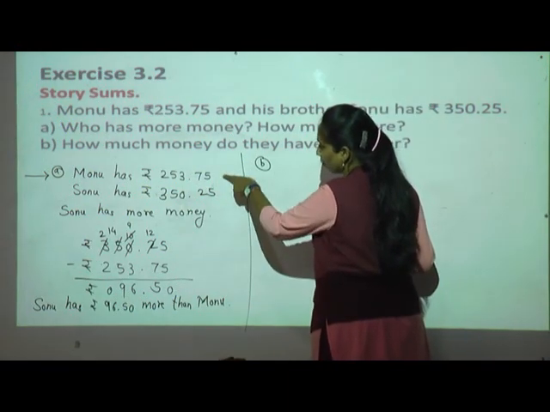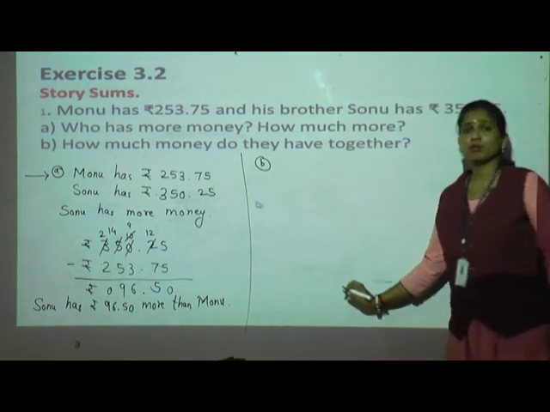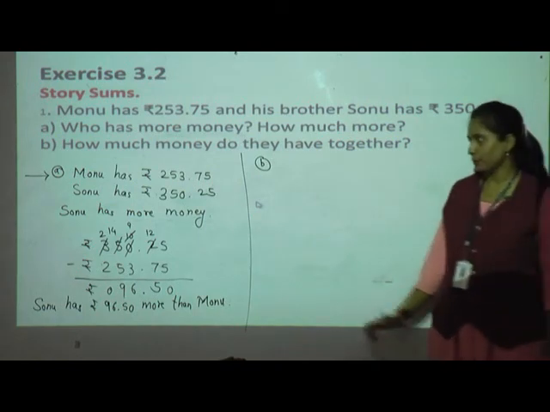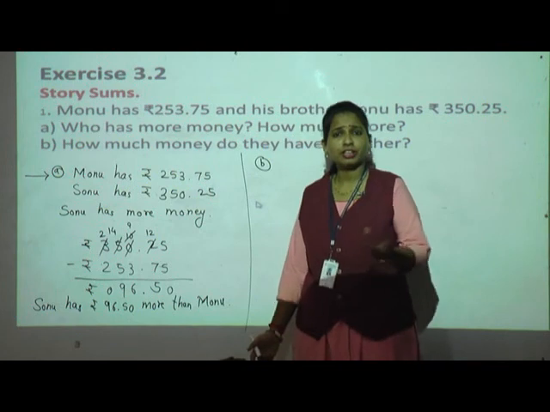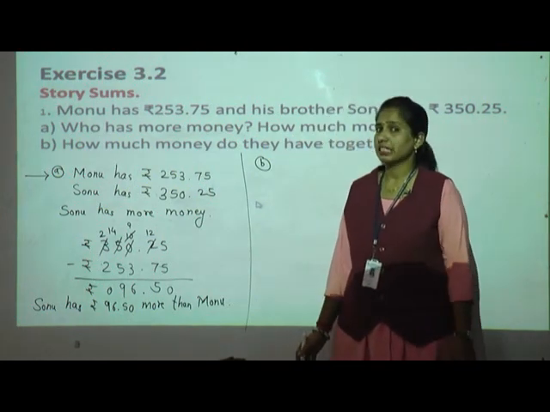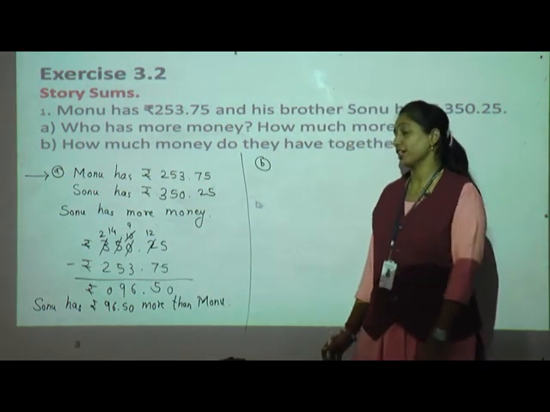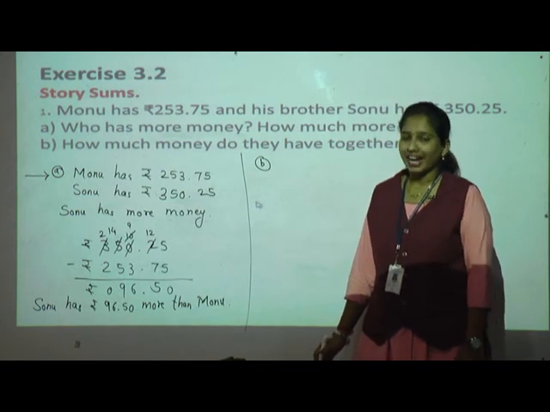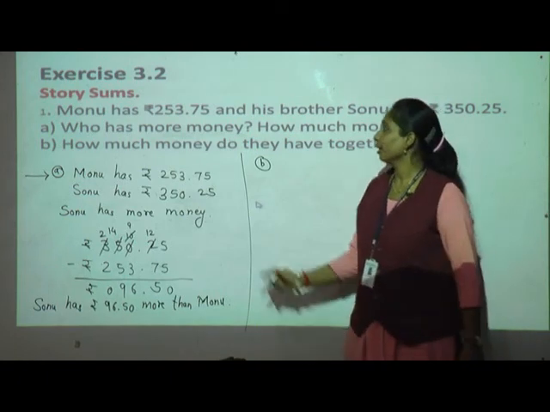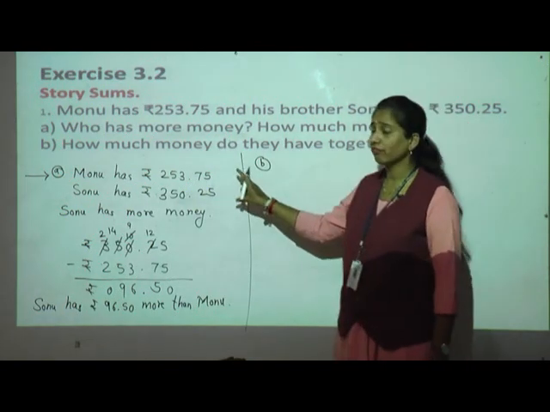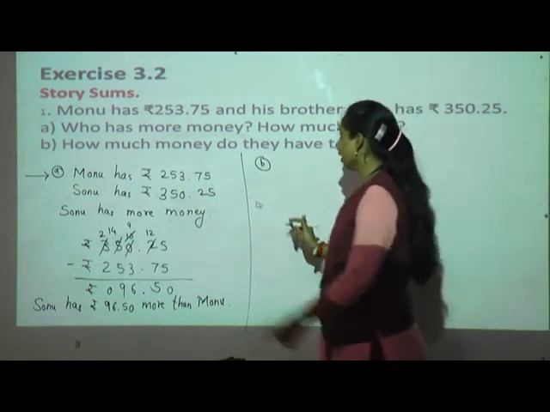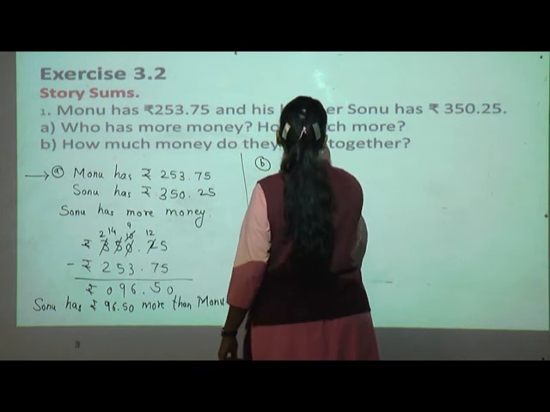So what will you do? Suppose Monu has 10, Sonu has 15. So together how much money do they have? Yes, you are all saying, teacher, 25. So what did you do here? Addition. Exactly correct. If you want to find out how much money they have together, we have to do addition.